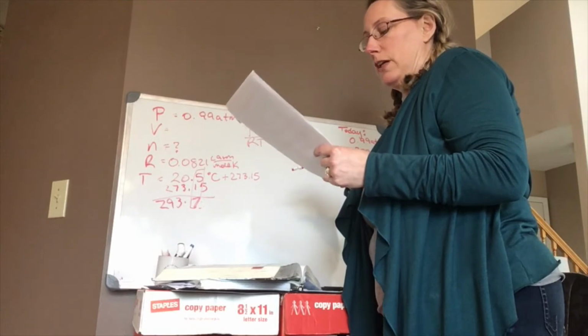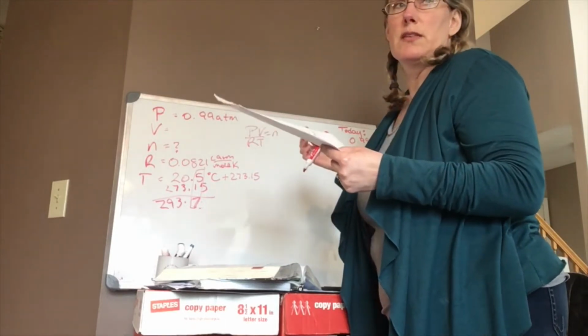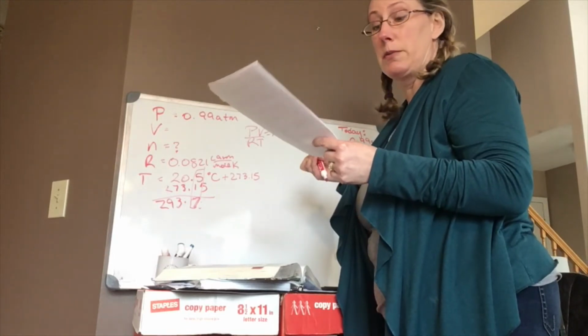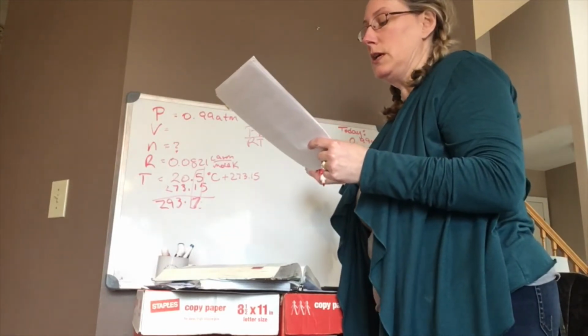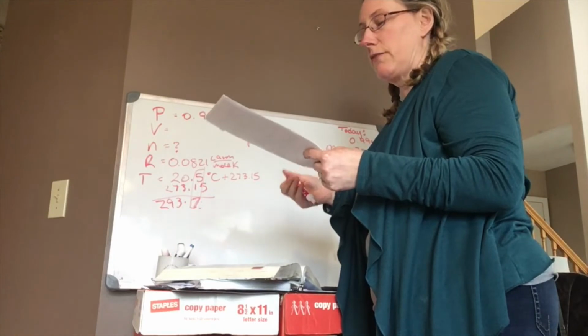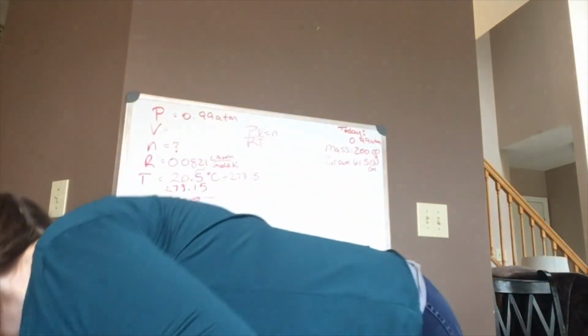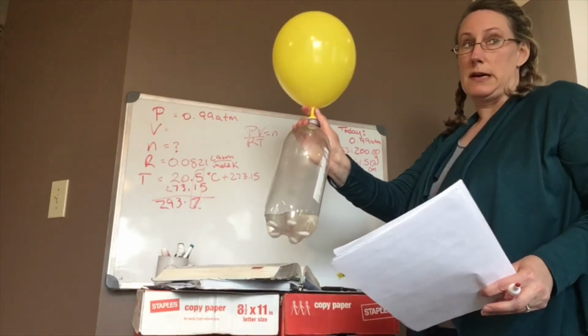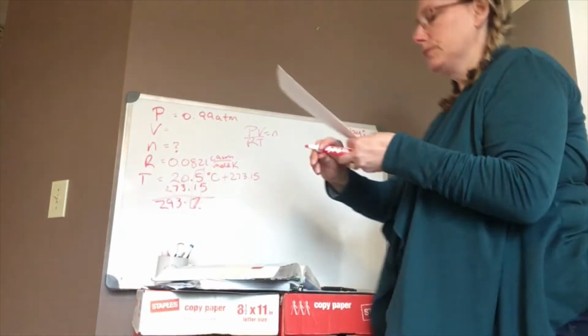All right, so volume is the tricky thing, and this is not something that's going to be on your test, so hopefully you have done some geometry. We figured out we have the circumference. This should be a perfect circle, though it's more oblong than that, so we're going to pretend it's a perfect circle.